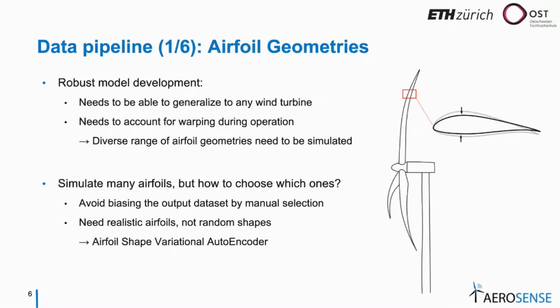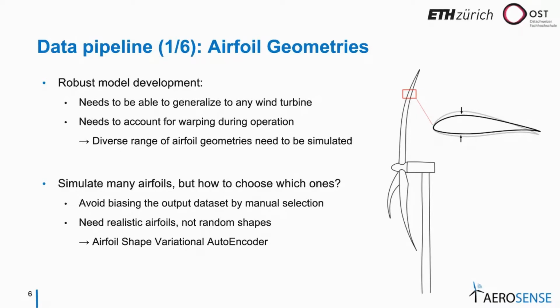And so we need to simulate a wide range of airfoil geometries. We would like to simulate a very diverse data set of airfoils, but how do we choose which ones? We want to avoid biasing the actual data sets, and we also don't want to just input random shapes. I mean, we want realistic airfoils.